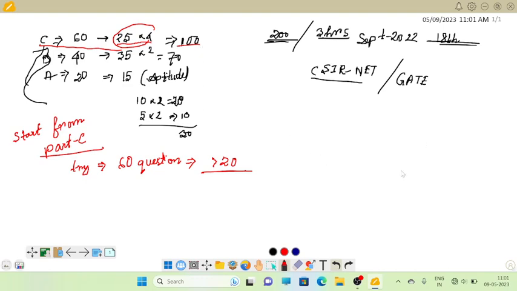And the general cutoff is always around 100, so you have to target not 200 but 120 to 130, and 100 to 110 is a safe score.